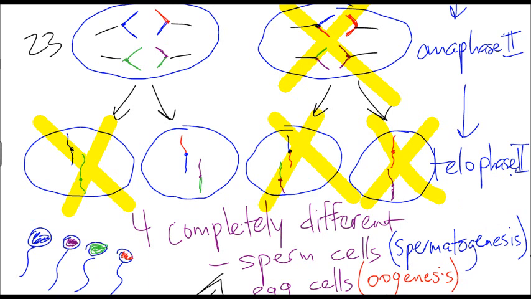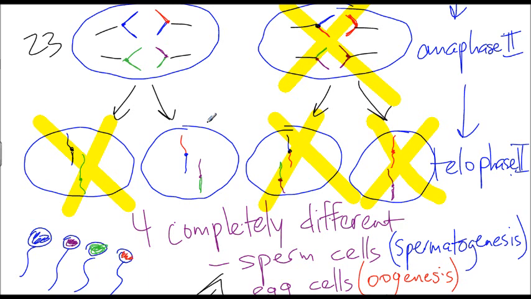In males, meiosis actually occurs continuously in the testes once a male undergoes puberty, for the formation of these gametes.